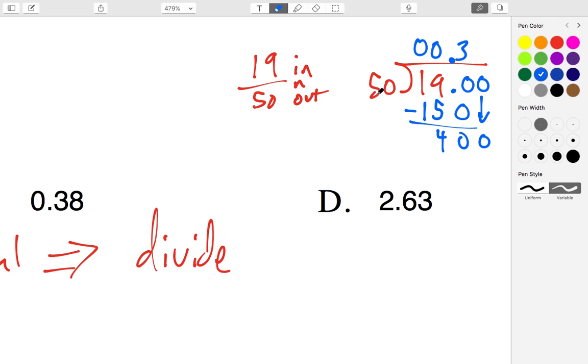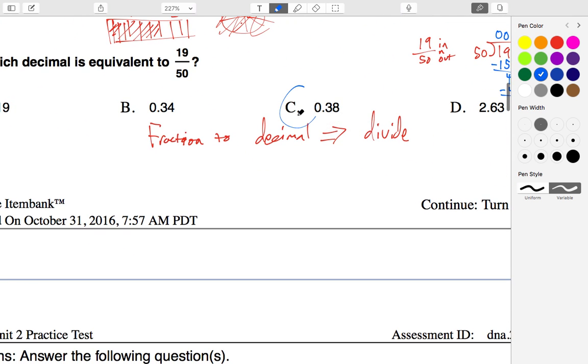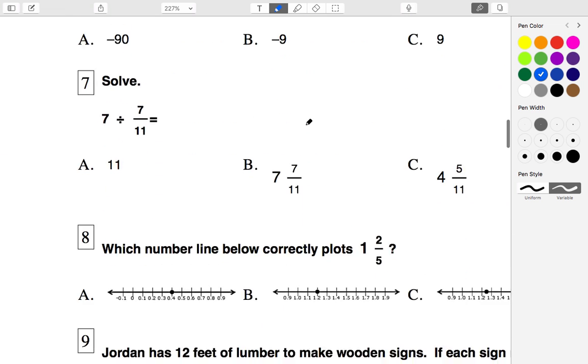Think of it this way. 5 goes into 40 how many times? 8. So what is 50 times 8? 400. Okay. 0.38. C. That one was a lot quicker to do than the others because we don't have to do every single one. Okay, number 6.